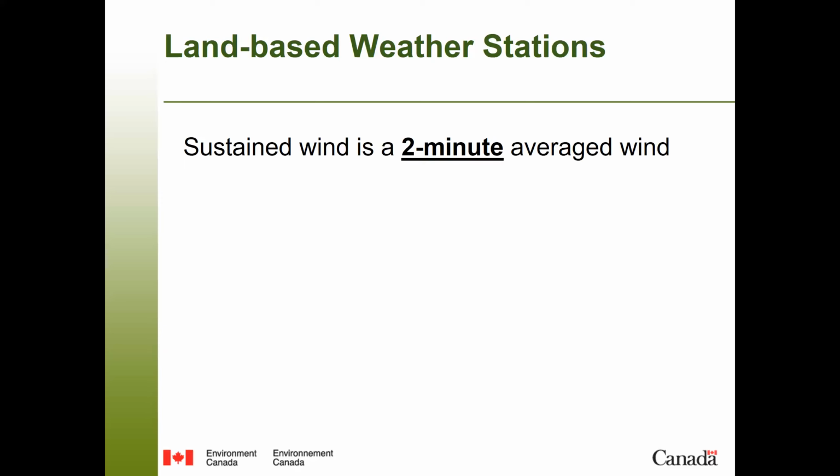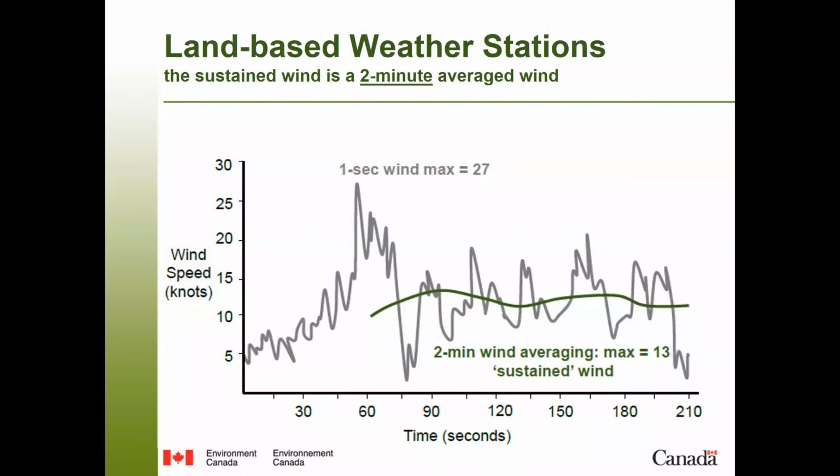So we're going to talk about sustained wind, and the sustained wind that we measure with land-based stations is the 2-minute average. What do I mean by 2-minute average? Okay, we're going to delve into a little bit of technical graphs, but hopefully I don't lose anybody here. It's pretty straightforward. In the gray line, you've got the atmosphere being sampled by this land-based station basically every second.